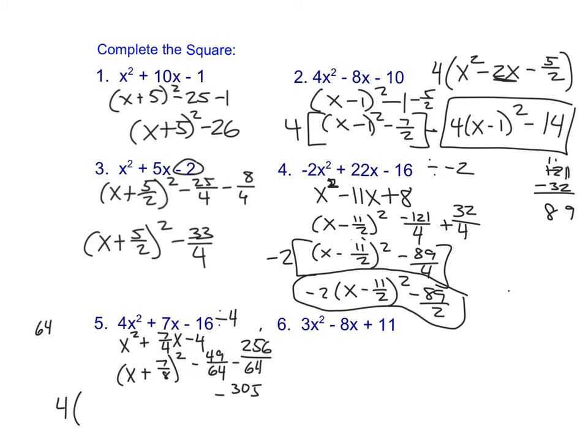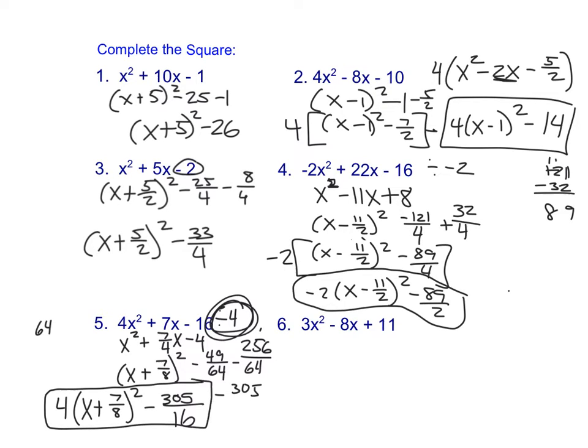So we end up with 4, x plus 7 over 8 squared, minus 305, and then that 4 that we put back into the problem cancels with the 64 to give us 16. Yes, I do recognize that these are obnoxious problems.